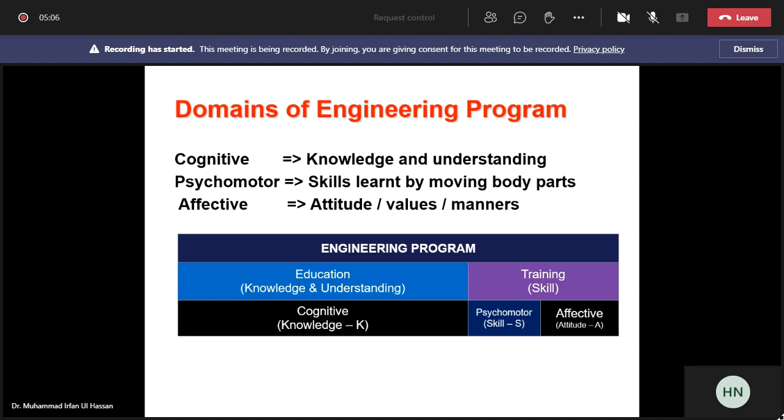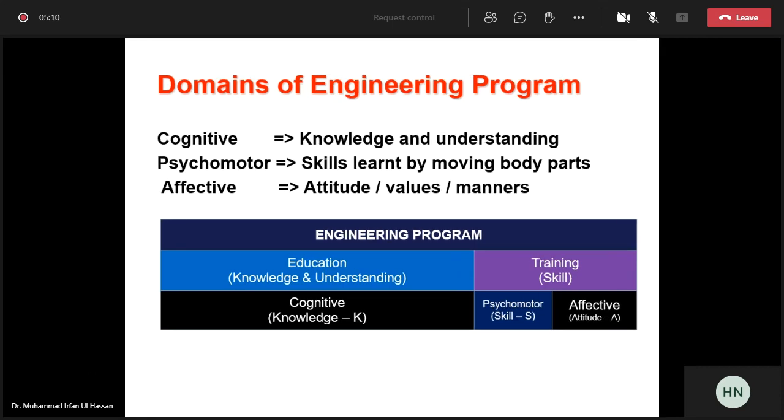Affective is your attitude, your manners and your interest toward the subject and solving the different assigned tasks. Training, knowledge and skills, all these are part of this program.